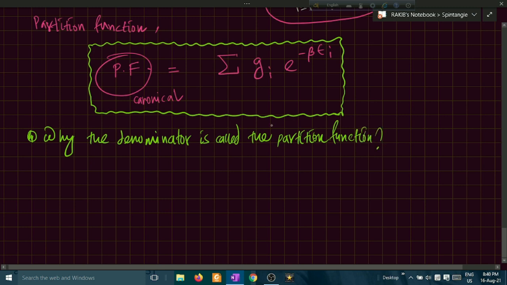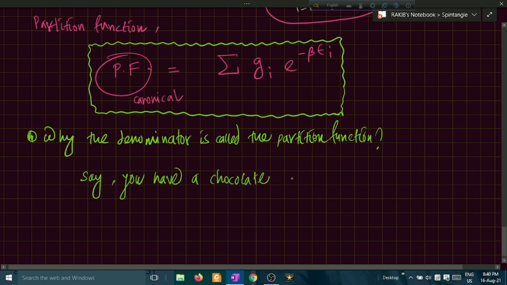Why is the denominator only called the partition function? Because you can easily see this: say you have a chocolate.